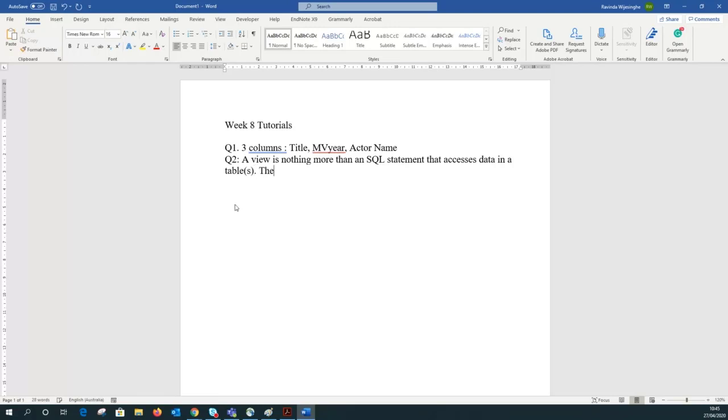So the table actually contains the data, not the view. The table contains data, whereas a view contains what? A view contains SQL statements that refer to table data.